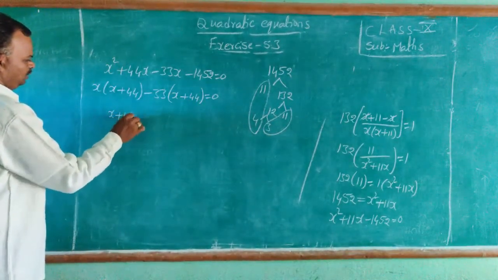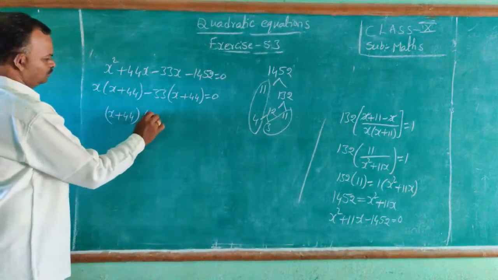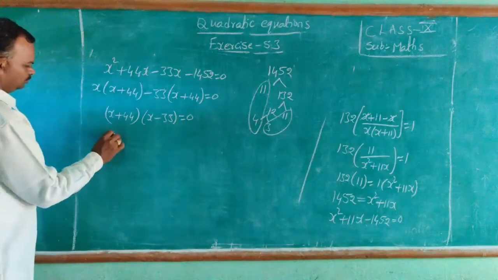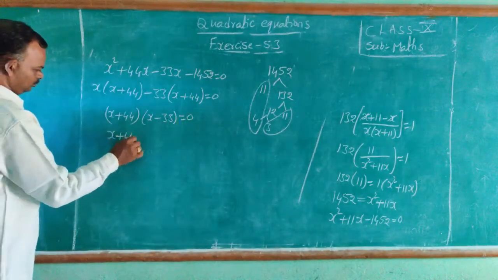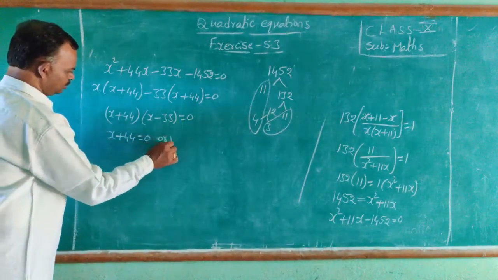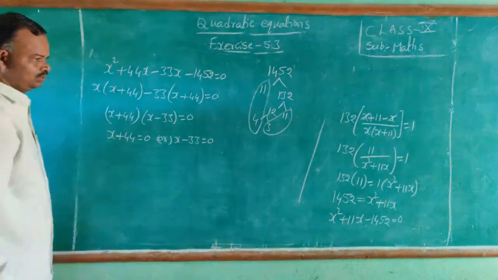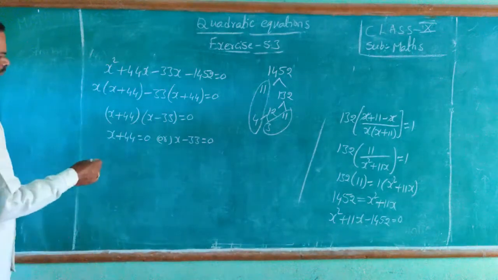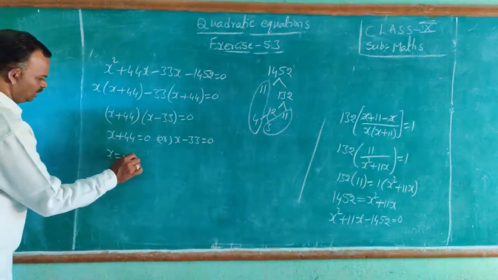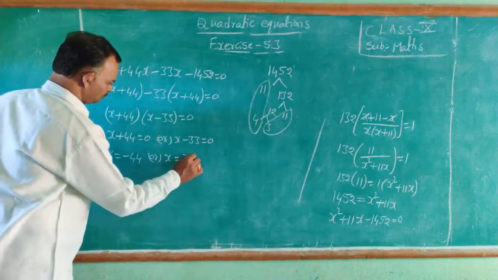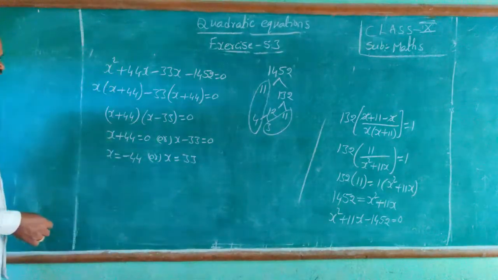Now we take common x plus 44, x minus 33 is equal to 0. x plus 44 is equal to 0 or x minus 33 is equal to 0, x is equal to minus 44 or x is equal to 33.